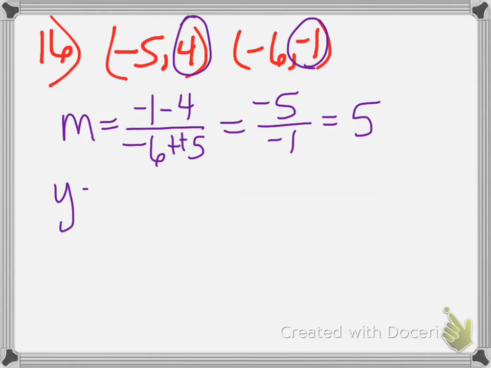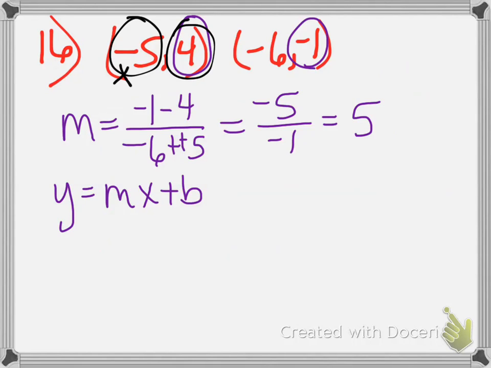So I've got y equals mx plus b. I can take my x and y values from either the first equation or the second equation, but I'm going to go ahead and do my x for negative 5 and my y for 4.